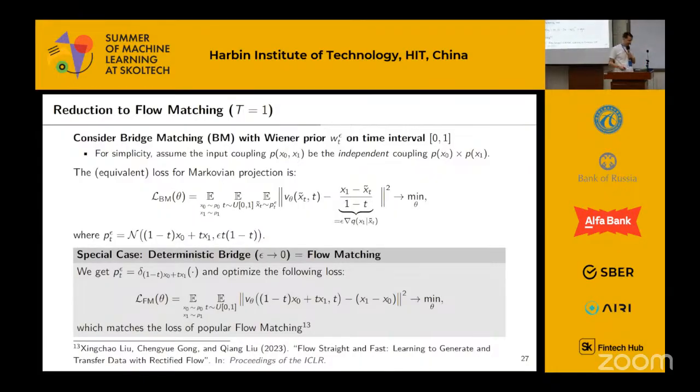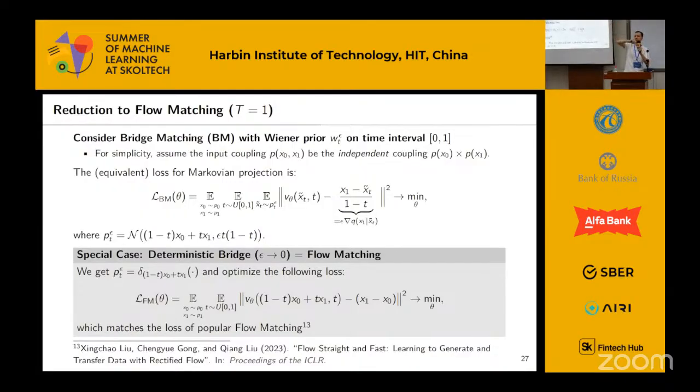So roughly speaking, standard flow matching is a limiting case of bridge matching with the Wiener prior when the variance of this Wiener prior distribution converges to 0. Because the bridge from which we have to sample will degenerate to just one line.